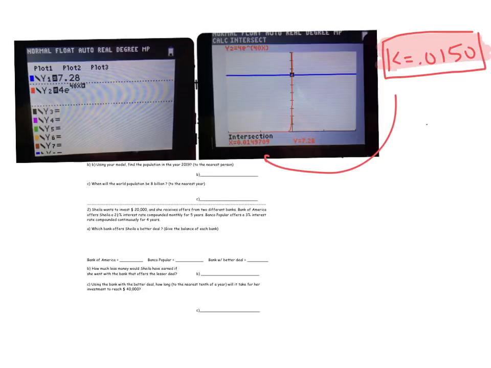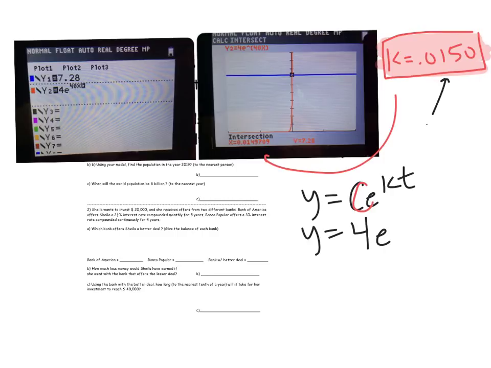So here the equation that represents the world's population, y equals c times e to the kt power. Y is equal to, well, we chose our starting value to be 4, and that's never going to change. So we have 4 times e raised to the k, which is 0.0150, times t power. So this is going to be the key equation that you need to find in these questions.